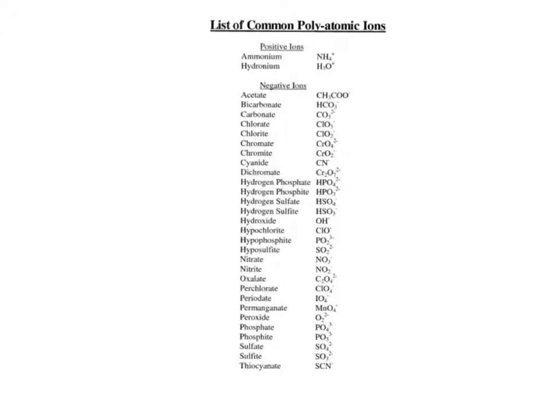So how many nitrates do I need in order to balance this +2 charge on the iron? I've only got a -1. I need 2 nitrate groups. So in this case, I'm going to rewrite this. I am going to use the brackets this time because I have to denote how many of these nitrate groups are being used. There are 2 full nitrite, not nitrate. Oh, I am saying nitrate.